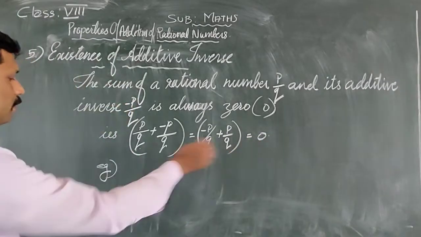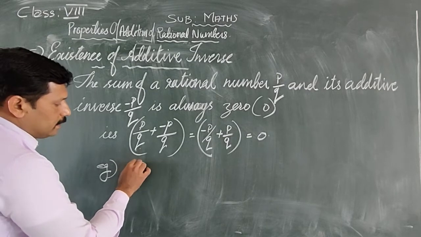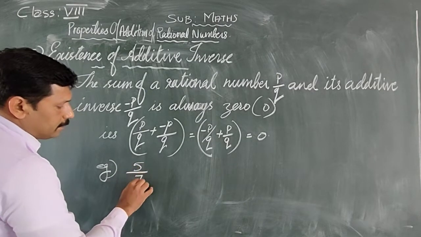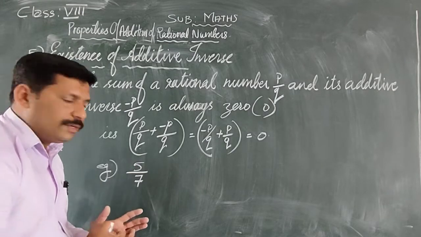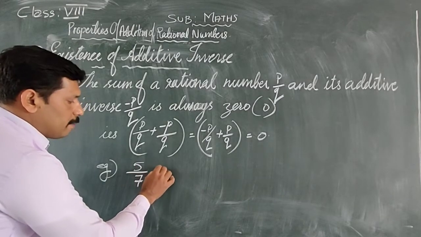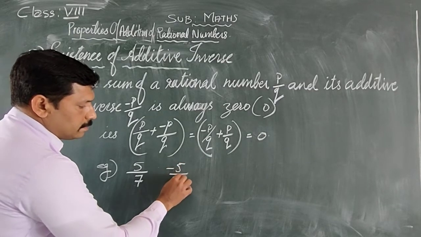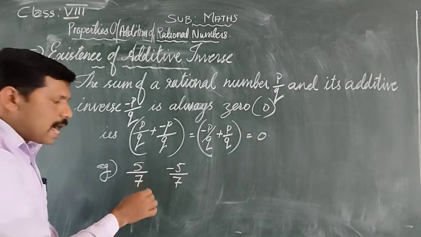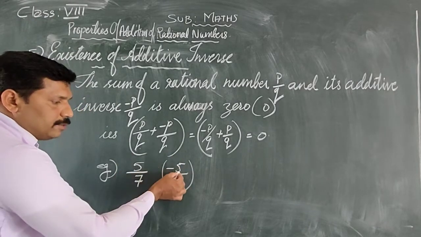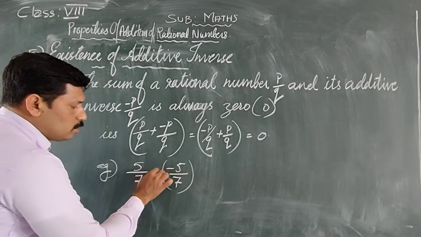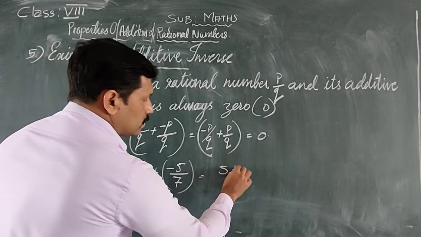Then we can see this with the help of an example. I am going to select the number 5 upon 7. This is a rational number, and its additive inverse is negative 5 upon 7. If these two are added, you can see here 5 plus negative 5.